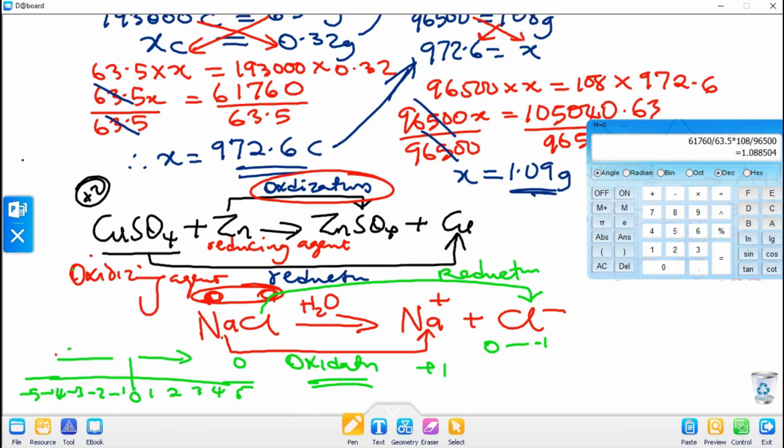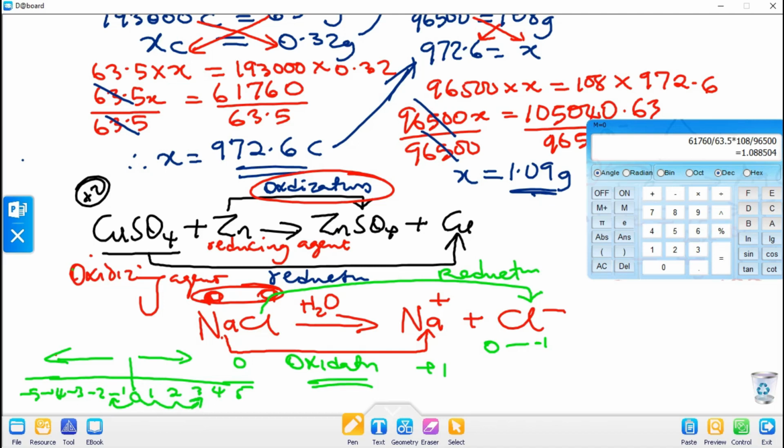But when it goes left, it is decreasing, the negative side. So -1, -2, -3, -4, -5 are all less than 0. But anything from 1, 2, 3, 4, 5 is greater than 0. So when a number goes from 0 to -1, it means that it has reduced. But when a number goes from 0 to +1 or +2, +3, it means it has increased.